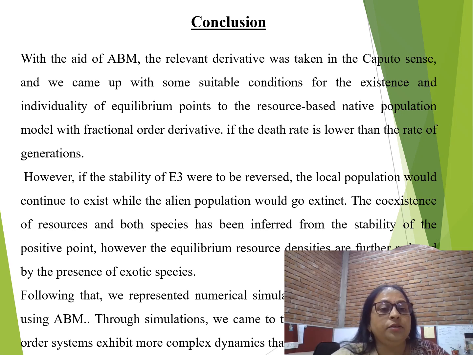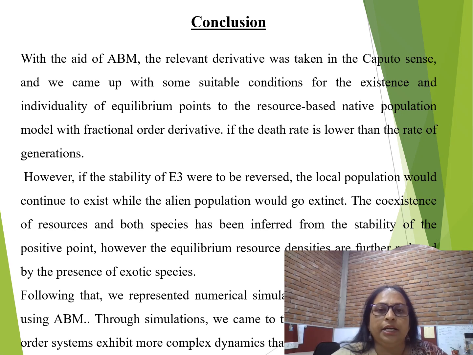Now the conclusion: with the aid of the Caputo operator, the relevant derivative was taken in the Caputo sense and we came up with some suitable conditions for the existence and uniqueness of equilibrium points for the resource-based native population model with fractional order derivative.